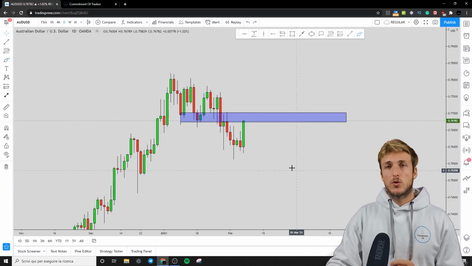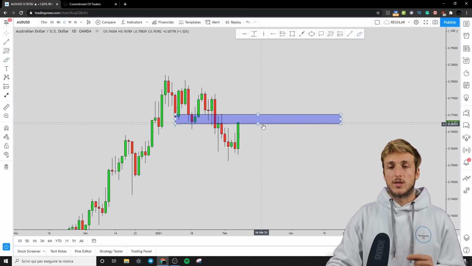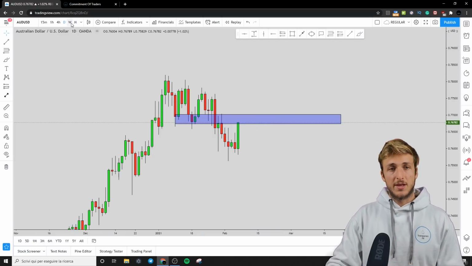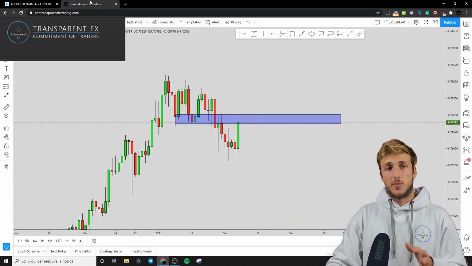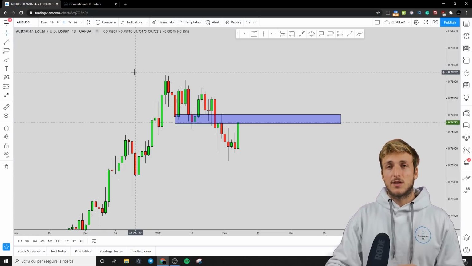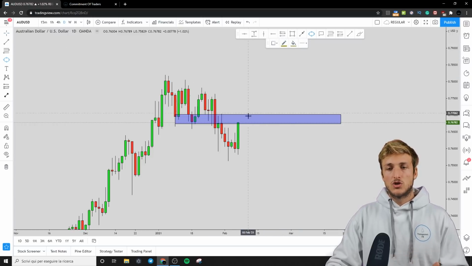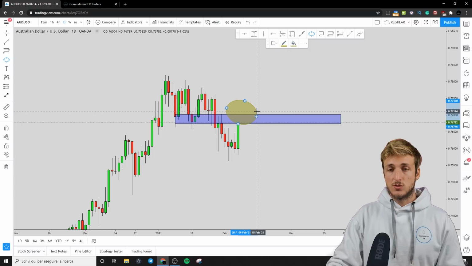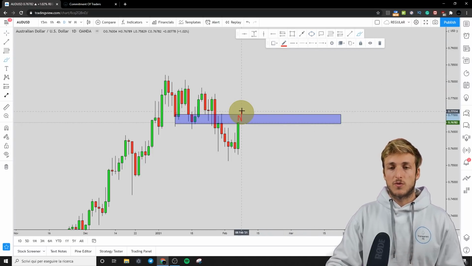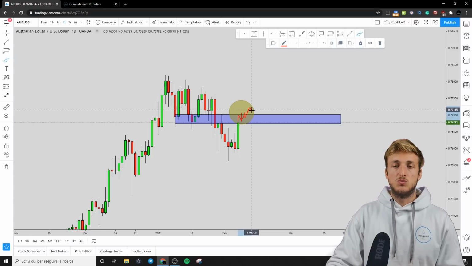So how will we be approaching this potential opportunity with students? Now, as usual, we will be reactive and not predictive. The monthly, weekly, and daily timeframes are the best timeframes for the direction of the market, combined with the COT data. However, the best time frame when it comes to confirmations and entries is the 4-hour and in some occasions also lower time frames. So the way in which we will be approaching this with students is being reactive, as I just said, so monitoring price action from a 4-hour perspective during this move to the upside.